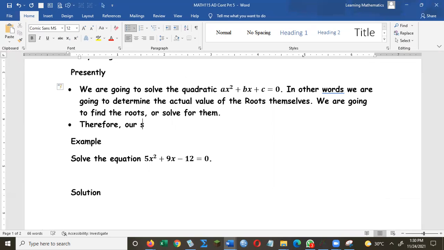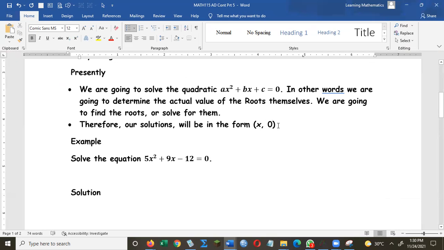Our solution will be in the form of a number, let's call it x, comma 0. Okay, that's our answer will be x, comma 0.